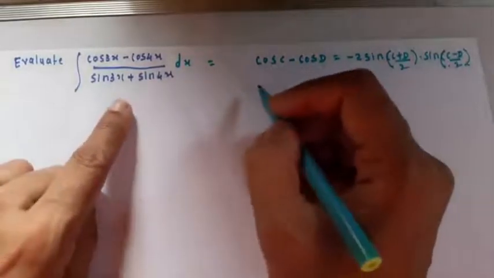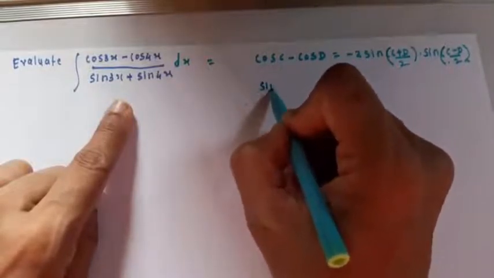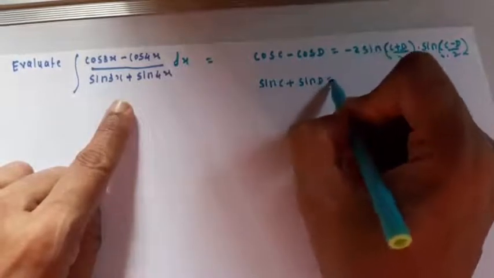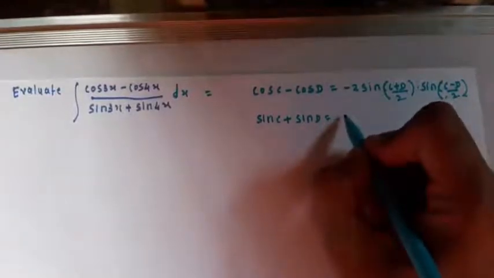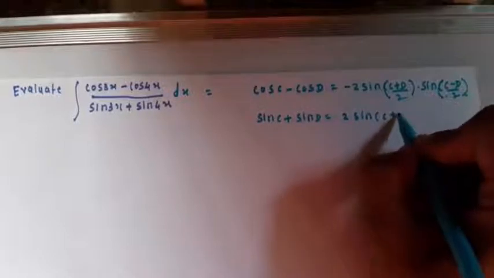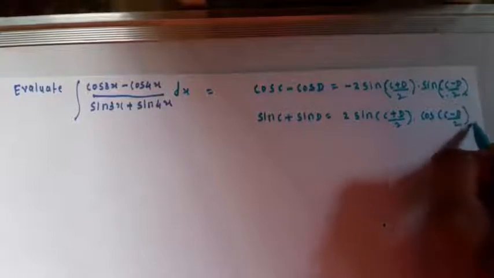And at the denominator we have to use the formula sin c plus sin d, the formula is 2 sin((c plus d) upon 2) into cos((c minus d) upon 2).